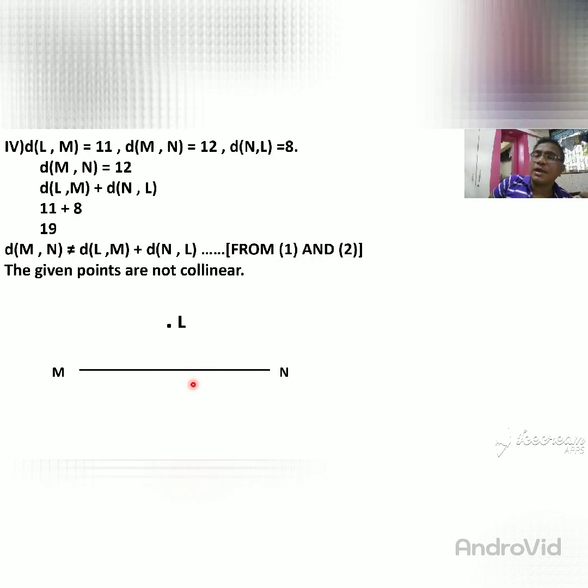Why are M, L and N non-collinear? Because these 3 points are not on a single line. So it is non-collinear and that can be shown this way. Any doubts here? If you have a doubt, you can ask me.